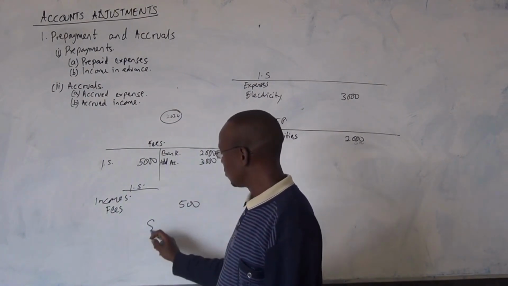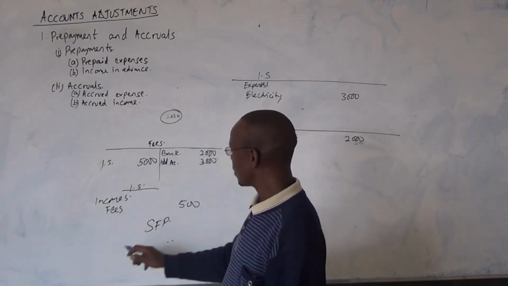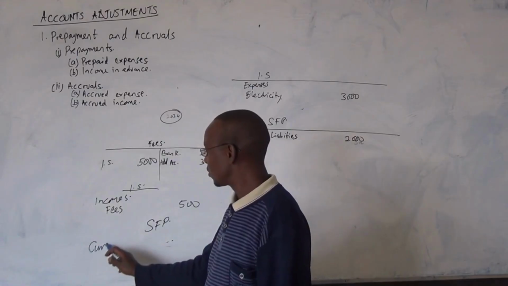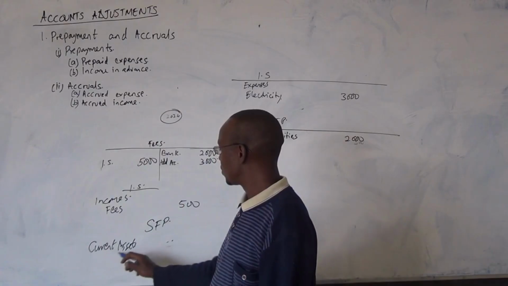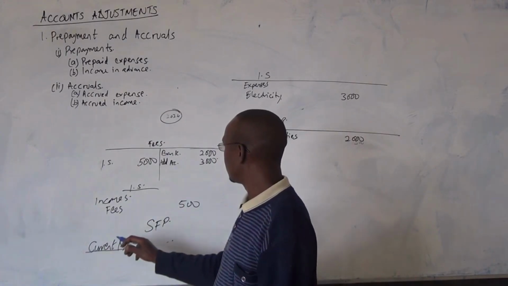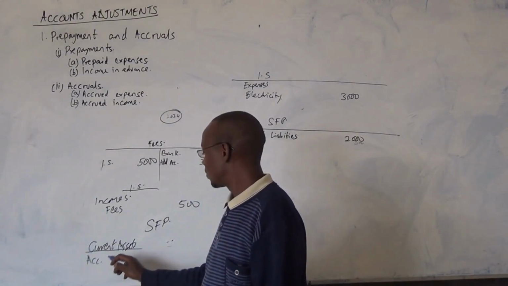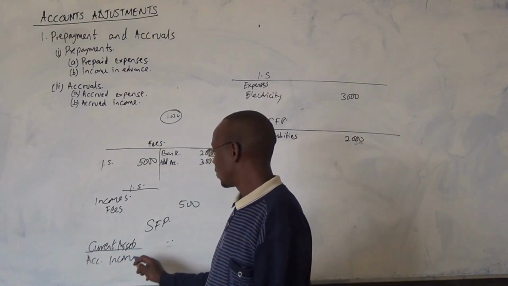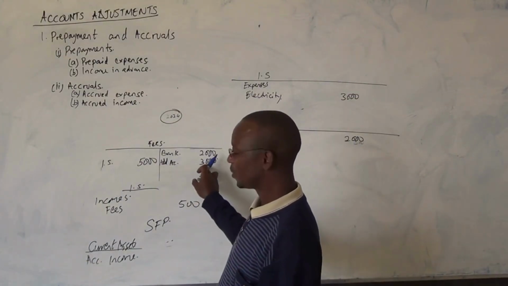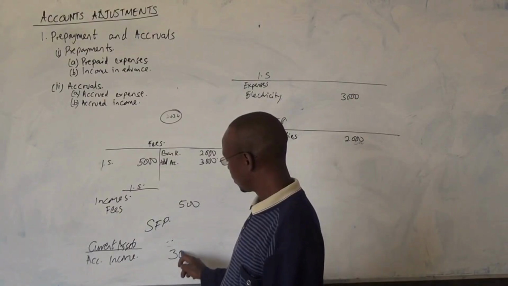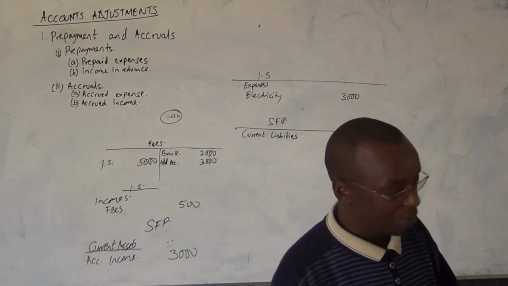In the statement of financial position, in the assets, current assets, there will be what? Accrued income. So, accrued income, how much? 3,000. That is how we treat accruals and prepayments.